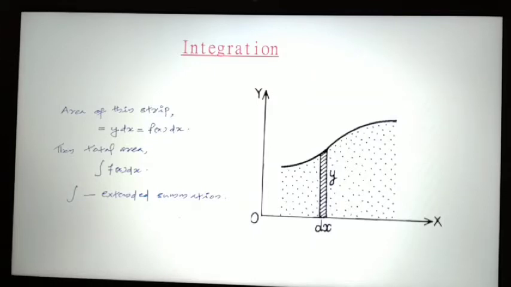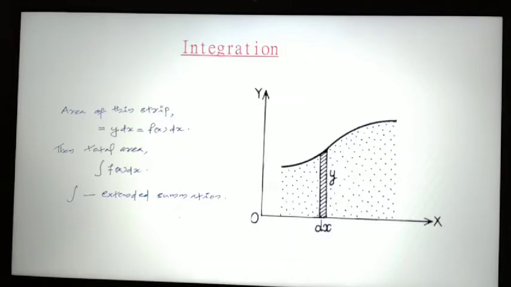That is why we say x1 is the lower limit and x2 is the upper limit. So f of x dx you are integrating from x1 to x2.